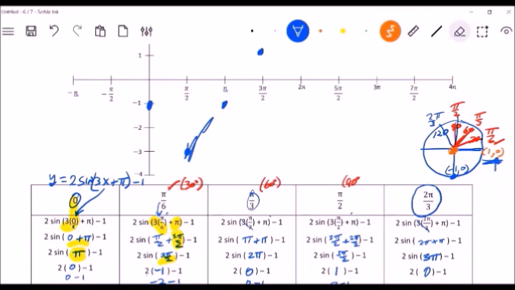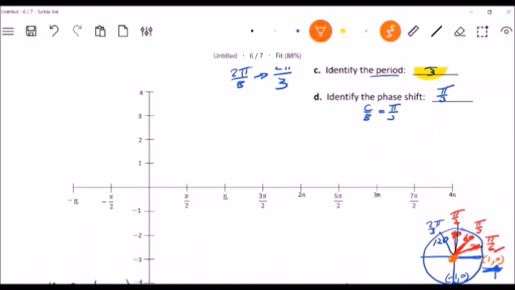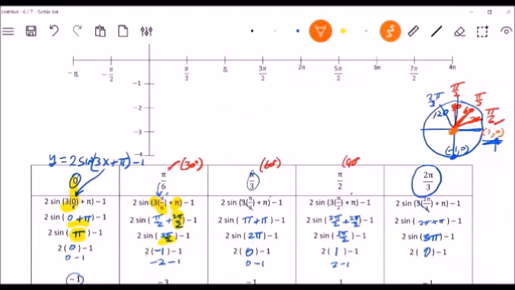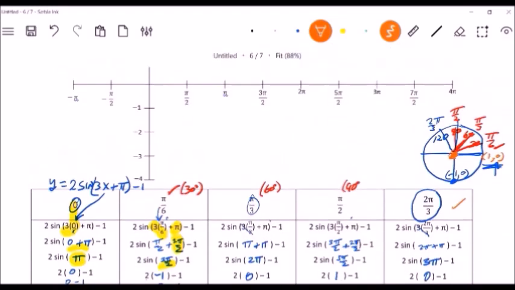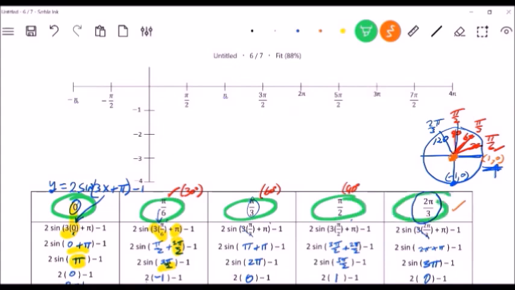I started graphing these with the new numbers that were in there. So if you were doing this and following along, please stop and wait, because I forgot when I did this, and I saw that the period was 2 pi over 3, that I needed to mark those.